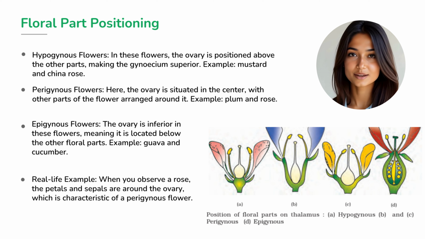On the other hand, perigynous flowers, such as plums and roses, have the ovary position in the center, with other parts of the flower surrounding it. And in epigynous flowers, the ovary is below the other parts of the flower, making it inferior. Flowers like guava and cucumber fit into this category. Isn't it incredible how these different positions affect how the flowers function and how they are pollinated?